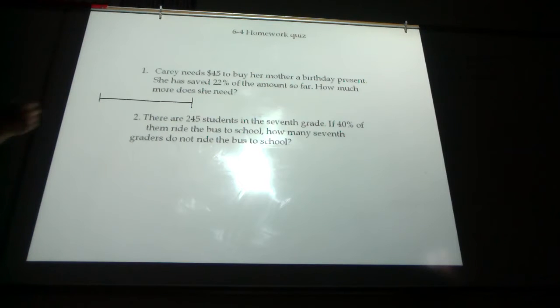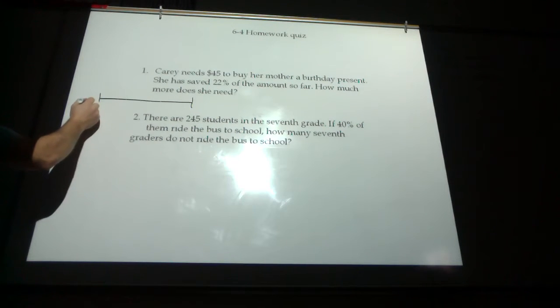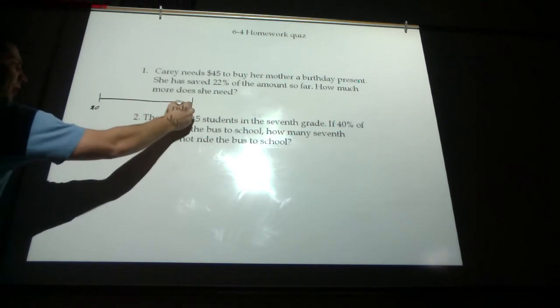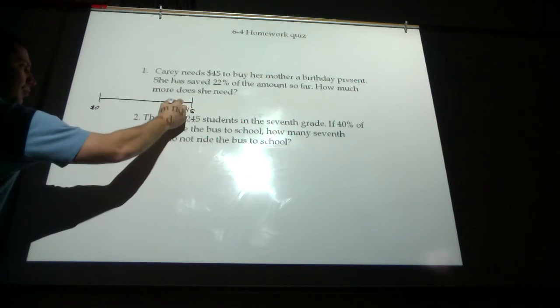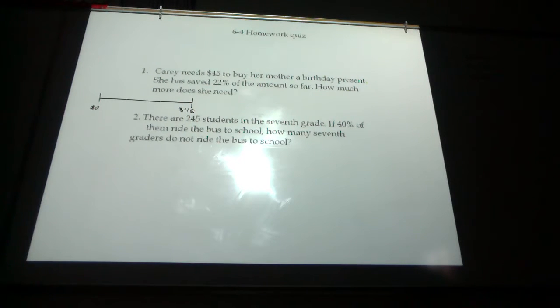Our goal is to get to $45. We need to figure out what's 22%, and then how much more we need to save to get this present.